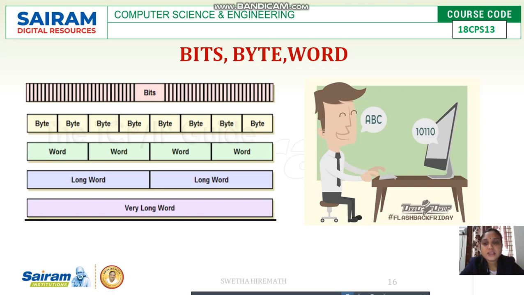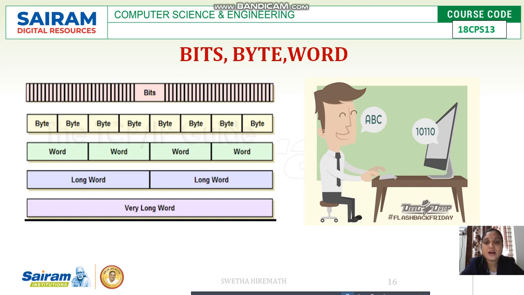Okay, so next is byte. Byte means 8 bits together; we call it a byte. Based on the capacity or capability of a computer, or the memory system being used within a computer, we organize these bits into bytes.